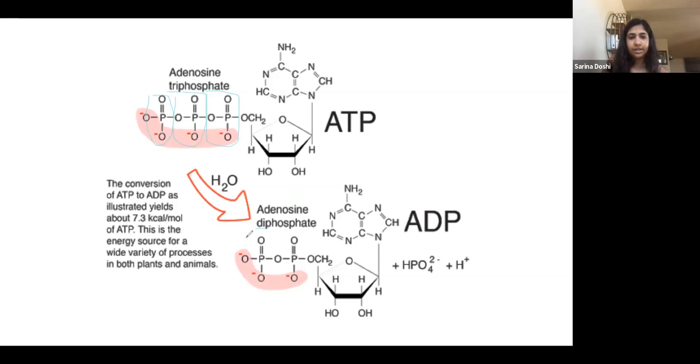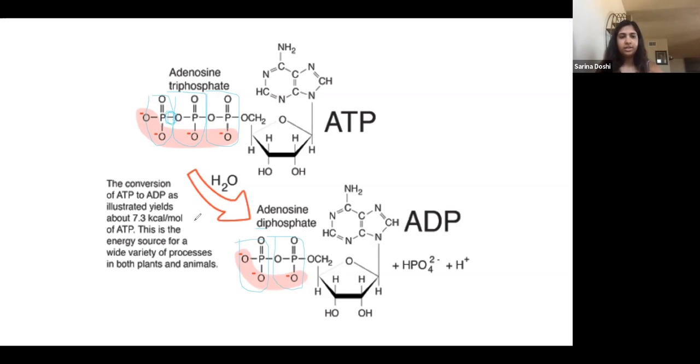So then if we go down here, this would be 1 group, and this would be the 2nd group. So this bond right here between the P and the O is incredibly, incredibly unstable. And the reason ATP is so useful is because that unstable bond, when broken, releases a ton of energy.